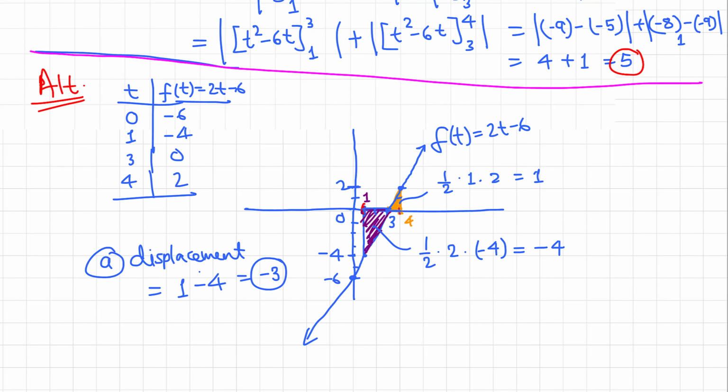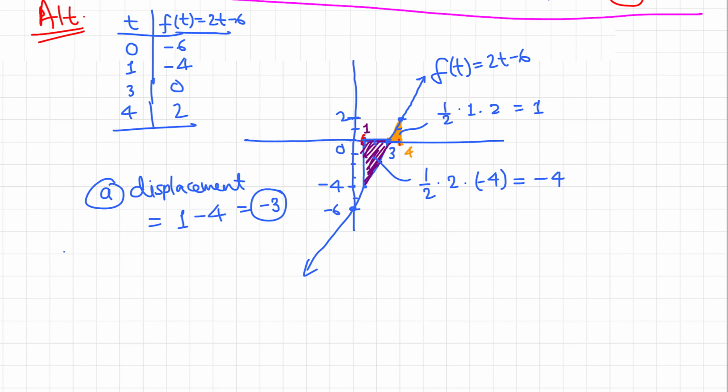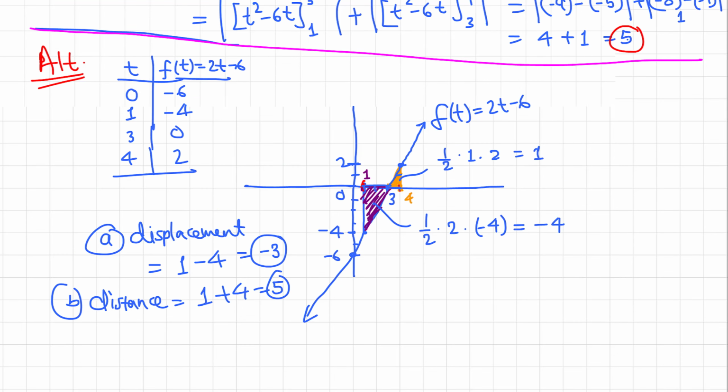Now the distance traveled means we need to take positive areas, not the net area: the area of this triangle, which is always positive 4, and this is 1. And that's what we had earlier.